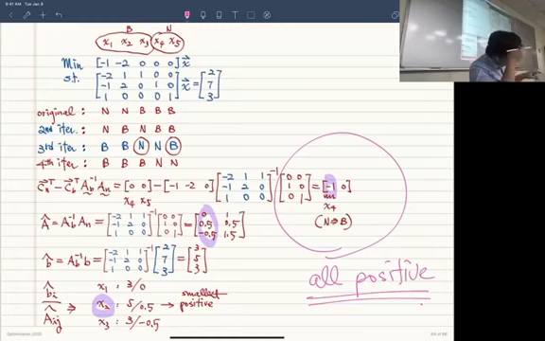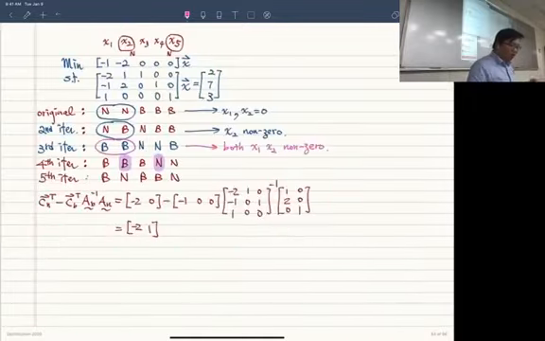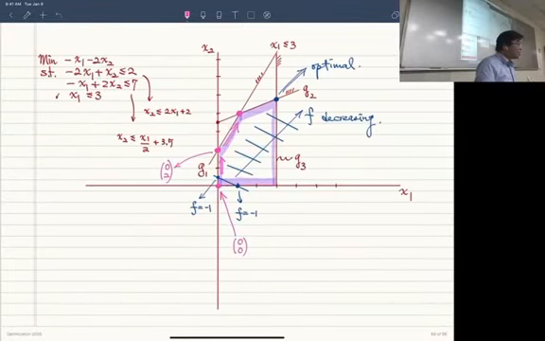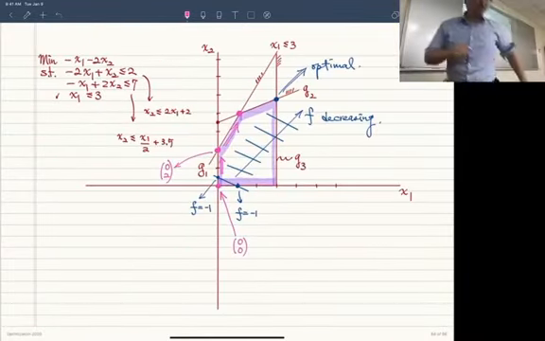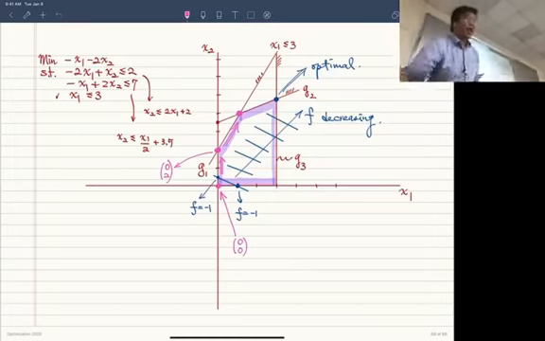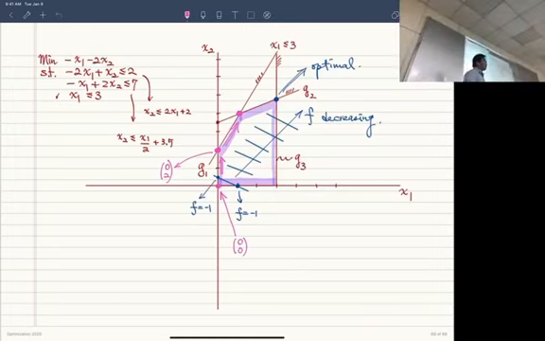But if you made a mistake like this during the process, you will be moving along the edges because this is a 2D problem, and we expand the dimension of this problem into a 5D problem. So we cannot visualize it. We can always check how x1 and x2 are changing, but we cannot visualize 3, 4, 5.